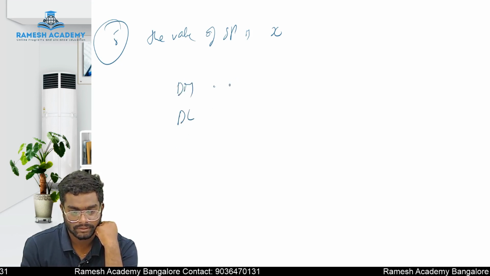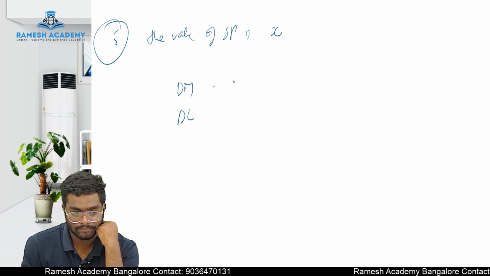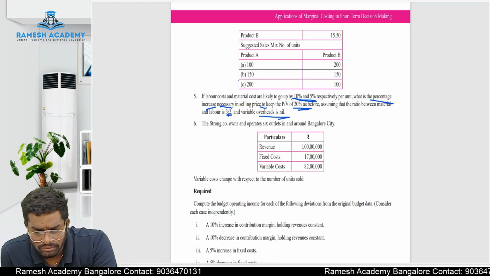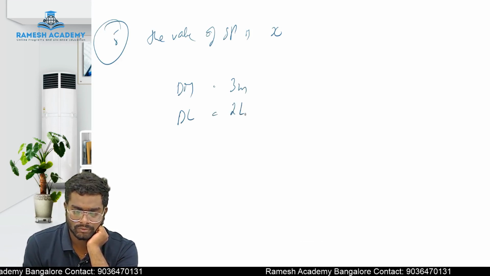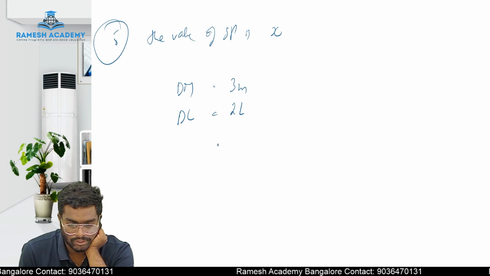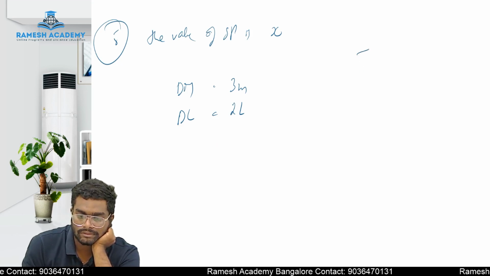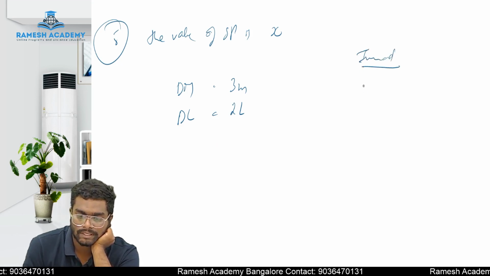I'll take direct material as M. So what is the ratio? Material to labor is 3M plus 2L. Now the increased part.